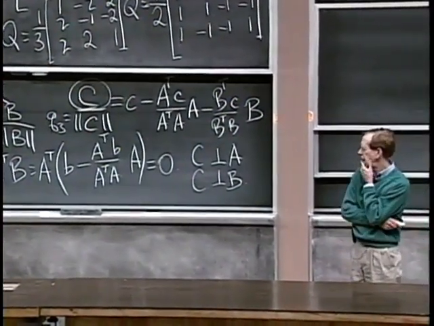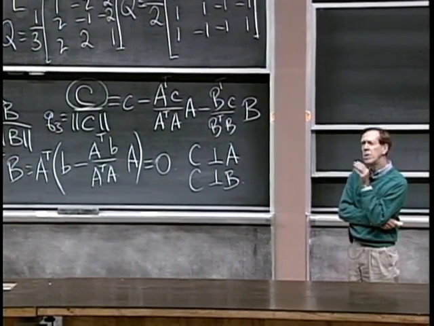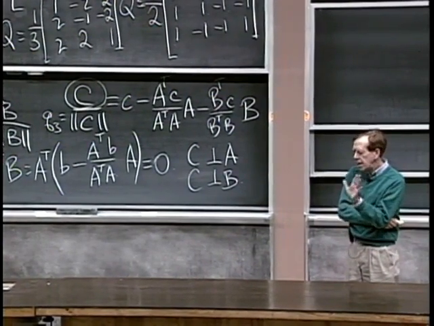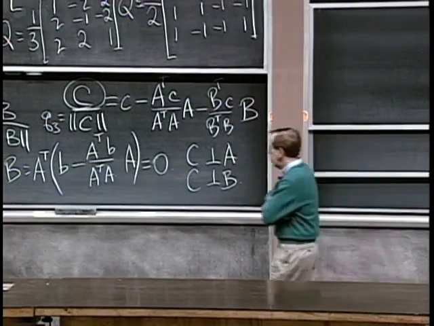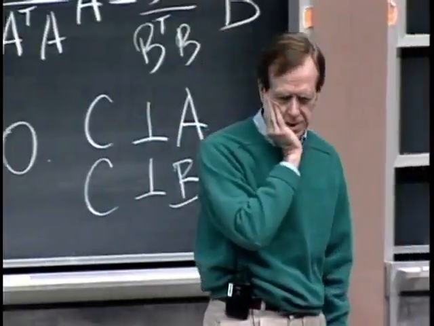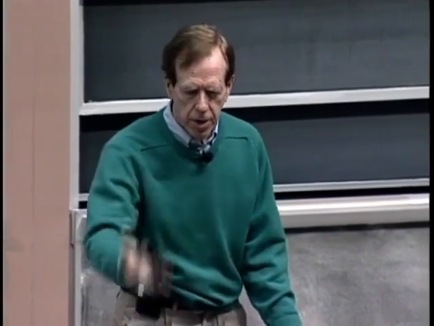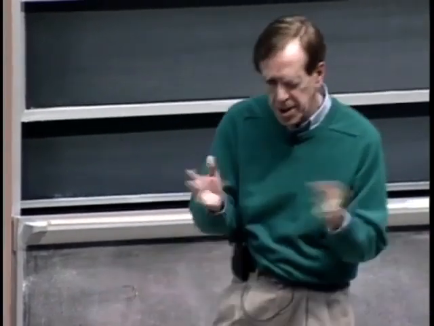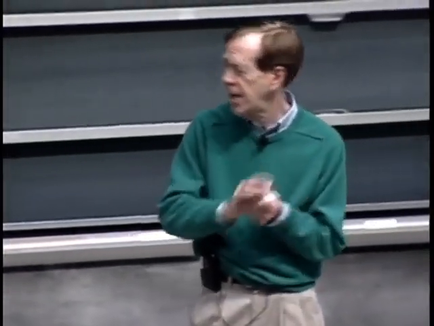Okay. Let me do an example. I'll make my life easy. I'll just take 2 vectors. So let me do a numerical example. I'll give you 2 vectors, you give me back the Gram-Schmidt orthonormal basis, and we'll see how to express that in matrix form.